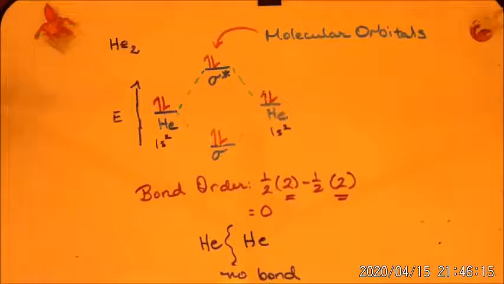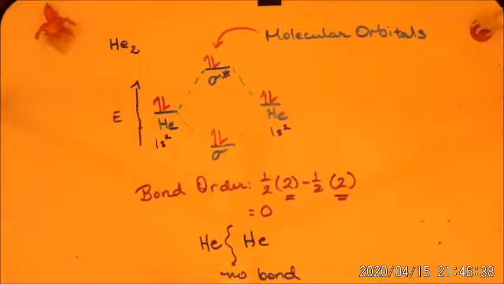What's nice is we're seeing consistency across all of our different methods. If we find that there's no consistency, then there's most likely an issue that we have to resolve. But in this case, we know helium is a noble gas, doesn't form helium-2, bond order is 0. Hydrogen forms hydrogen gas, it's H2, bond order is 1.